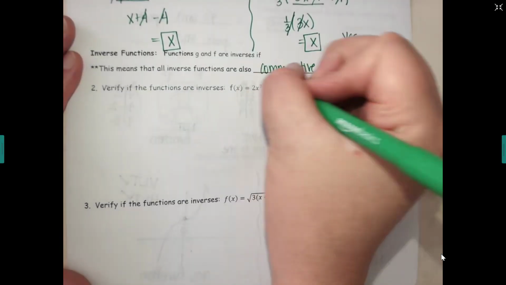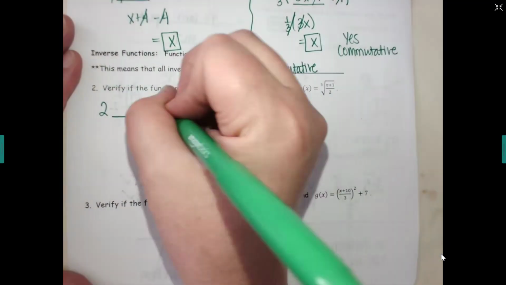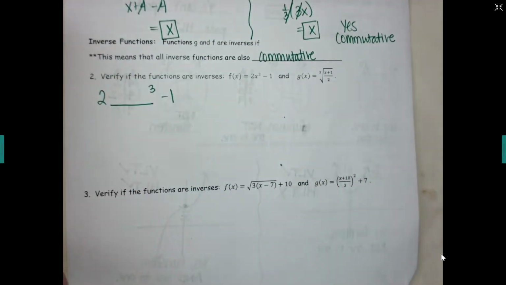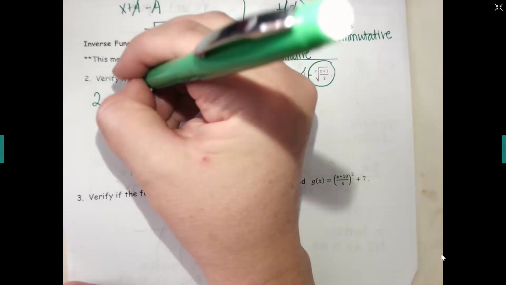We're going to start with this one: 2x cubed minus 1. Notice I'm leaving a blank where the x is. And then in the blank, I'm going to plug the other equation into that spot. So this guy is going to go into that blank.